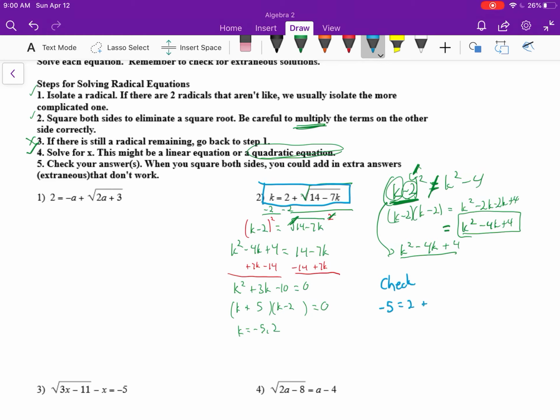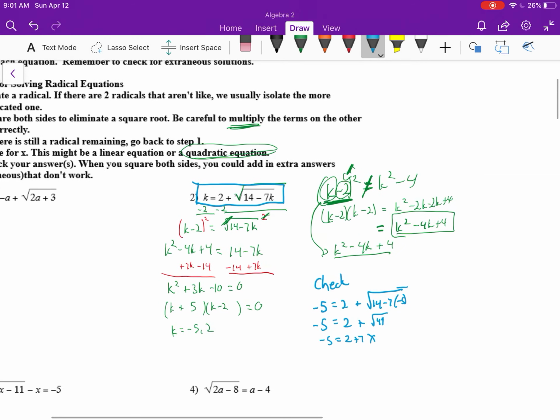So negative 5 equals 2 plus the square root of 14 minus 7 times negative 5. We got negative 5 equals 2 plus the square root of 14 plus 35, which is 49. So negative 5 equals 2 plus 7. That is not true, so that doesn't work.